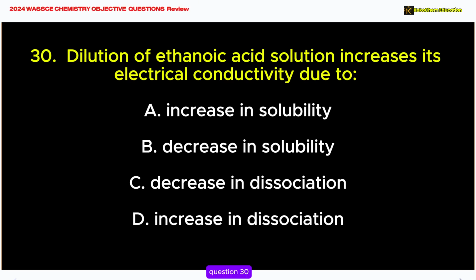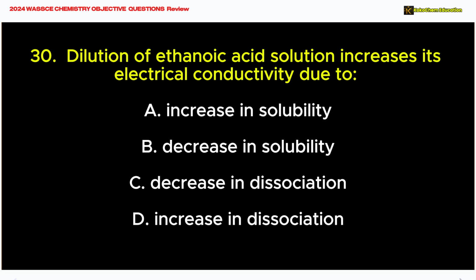Question 30. Dilution of ethanoic acid solution increases its electrical conductivity due to A. Increase in solubility. B. Decrease in solubility. C. Decrease in dissociation.